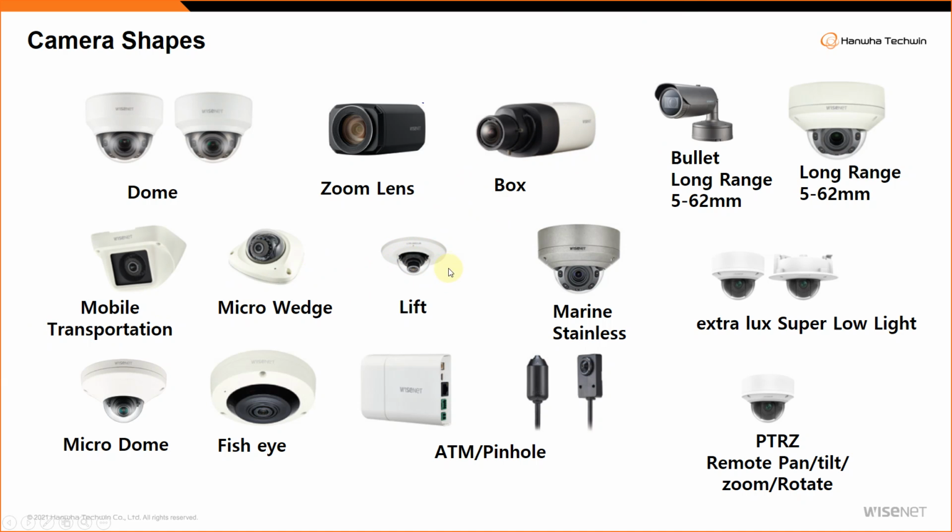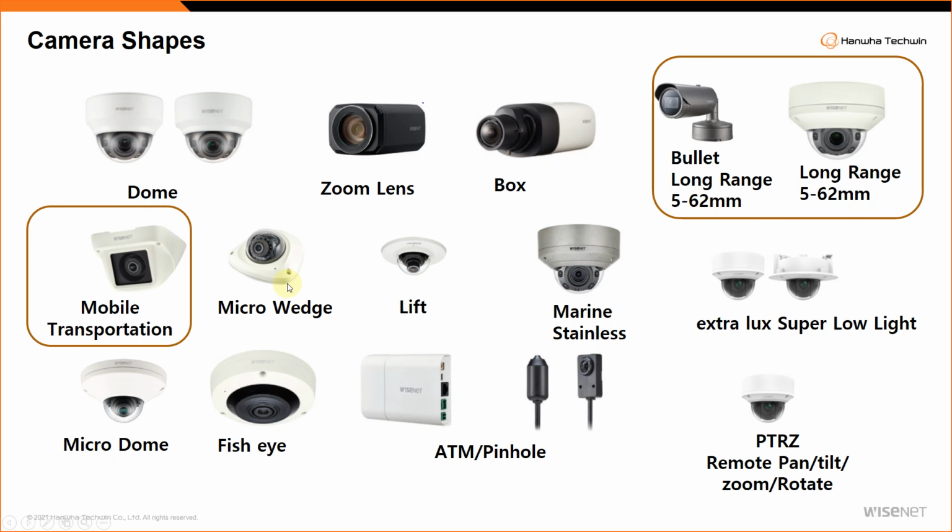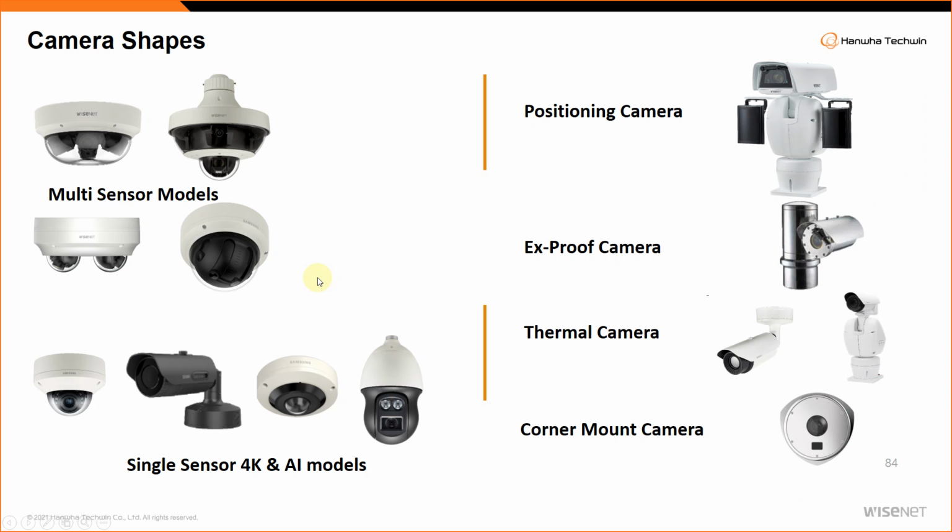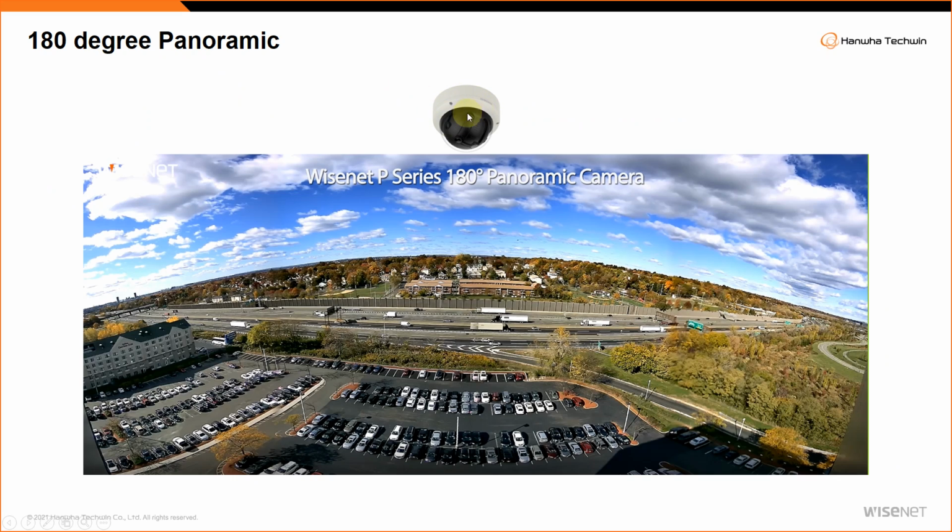You will find small micro cameras, wedge corner mount cameras. This is not the full list, by the way. There are different shapes of cameras depending on the application. All right. Then there are also very bold shapes like multi-directional cameras, 180-degree panoramic view.